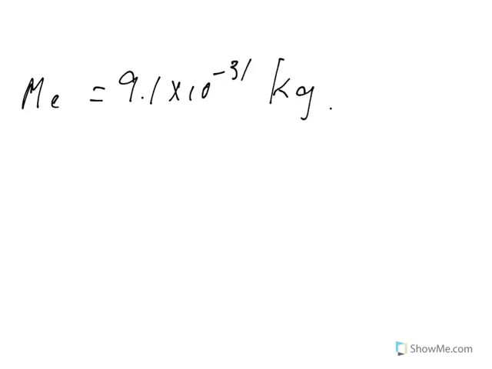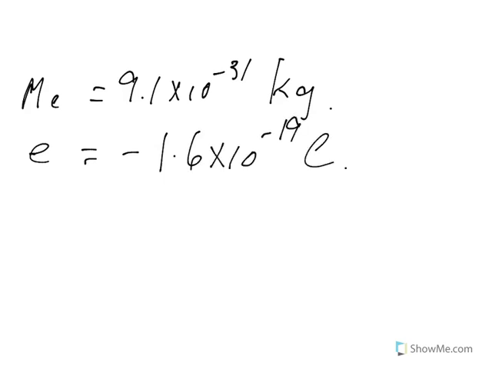And there are those values there. The mass of the electron is 9.1 by 10 to the minus 31 kilograms, and the charge on an electron, e, is of course negative because it's an electron, 1.6 by 10 to the minus 19 coulombs.